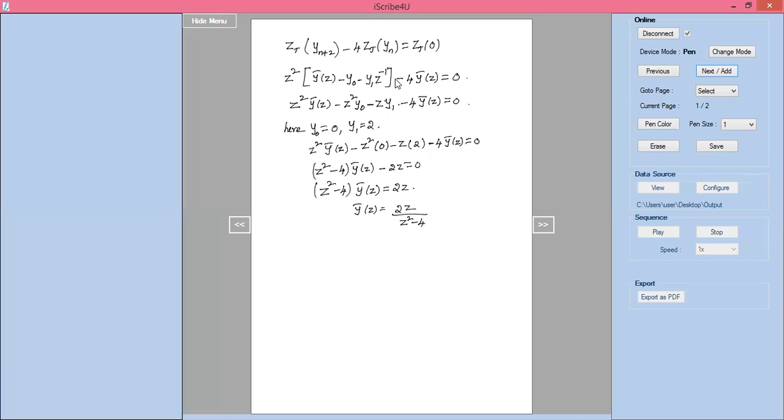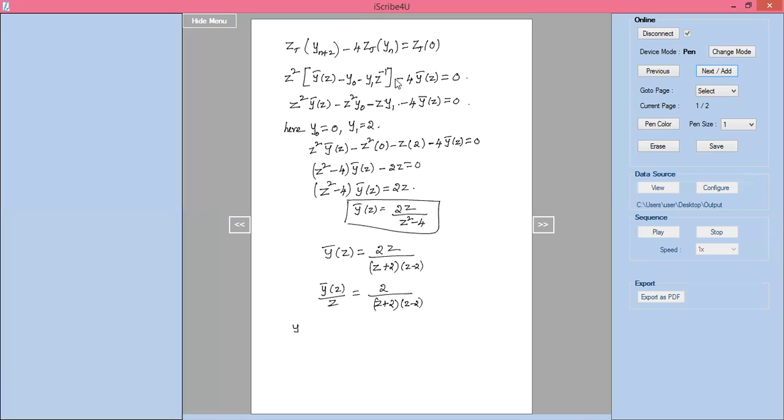Now already we know this. How do you simplify this one? Using partial fractions, we can simplify this problem. Now I'll take y bar of Z equals 2z divided by Z square minus 4. I'll write it as Z plus 2 into Z minus 2. In the next step, according to the partial fraction concept, y bar of Z divided by Z equals 2 divided by Z plus 2 into Z minus 2.